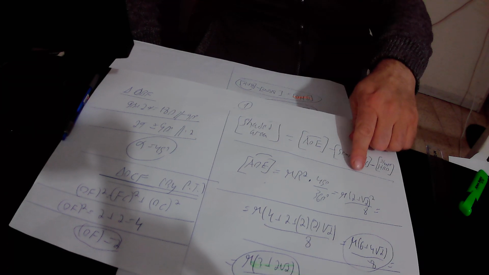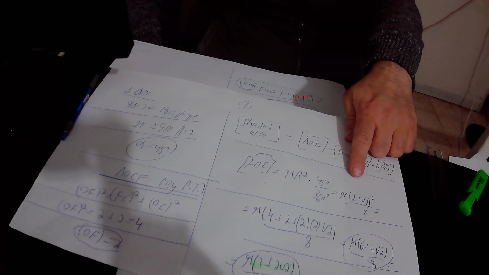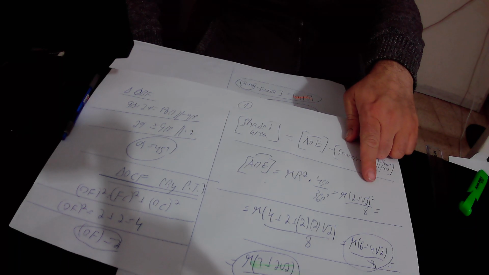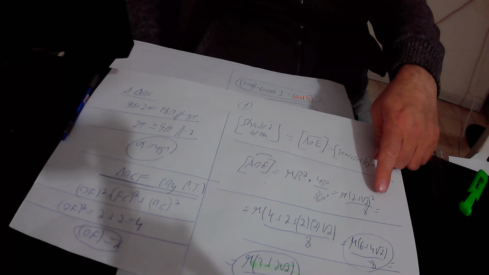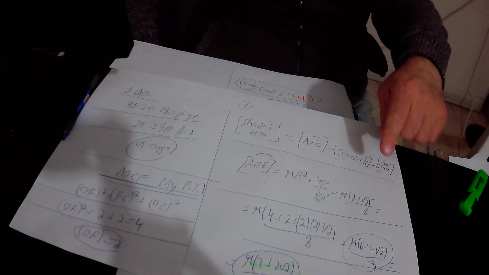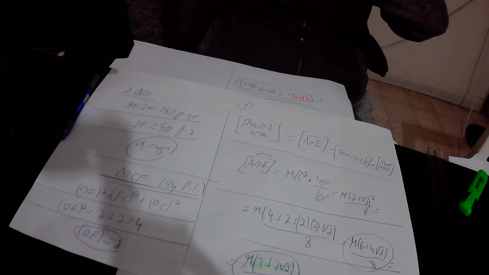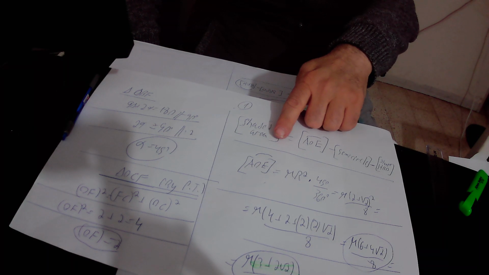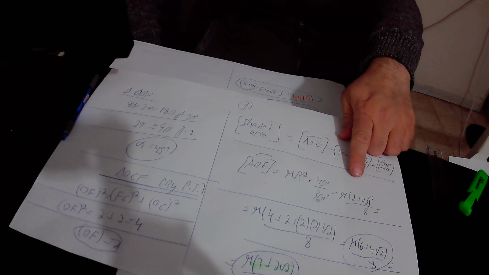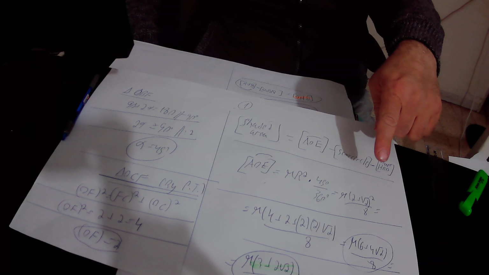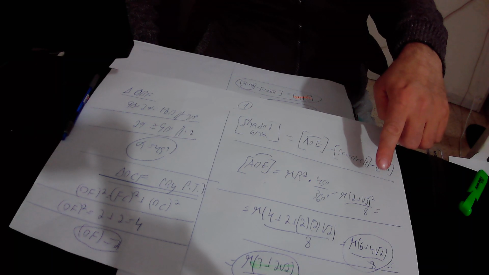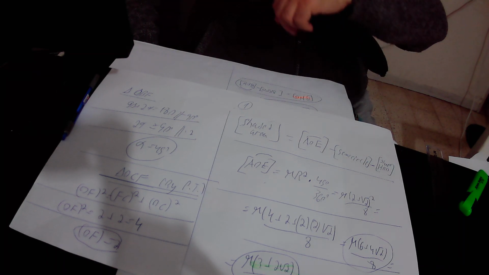So it is pi, and R squared is (2 plus square root of 2) squared, and 45 degrees over 360 degrees is 1 over 8, so we have to divide by 8. (2 plus square root of 2) squared equals 2 squared, that is 4, plus square root of 2 squared, that is 2, plus 2 times square root of 2, all divided by 8.